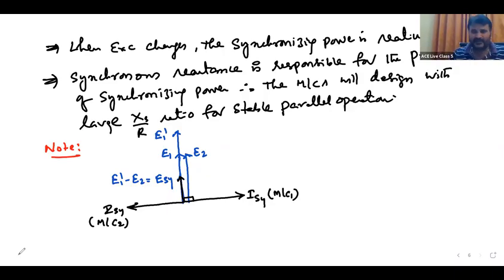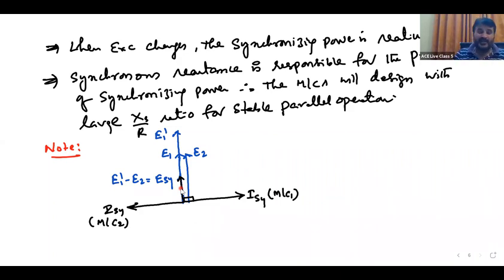Correct or not? For the generator, the first machine ISY is giving, the second machine ISY is taking. Taking in the sense that its current is in the reverse direction. So, if you take E1 and E2 in the same direction, then you have to take ISY for machine 1 and machine 2 in opposite directions.